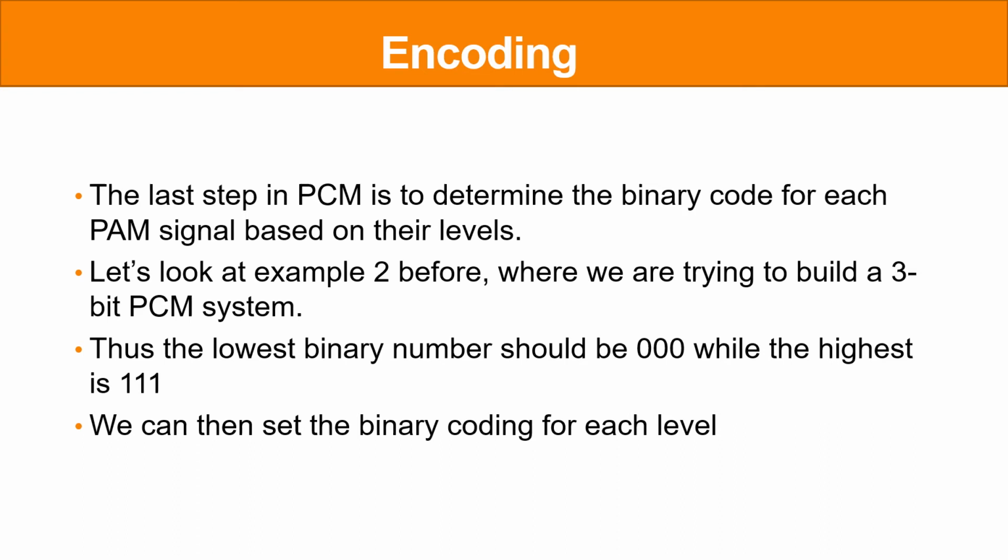The last step is encoding, to determine the binary code for each PAM signal based on their level. Let's look at example 2 before, where we are building a 3-bit PCM system. The lowest binary number should be 000, while the highest is 111. So we can then set the binary code for each level.